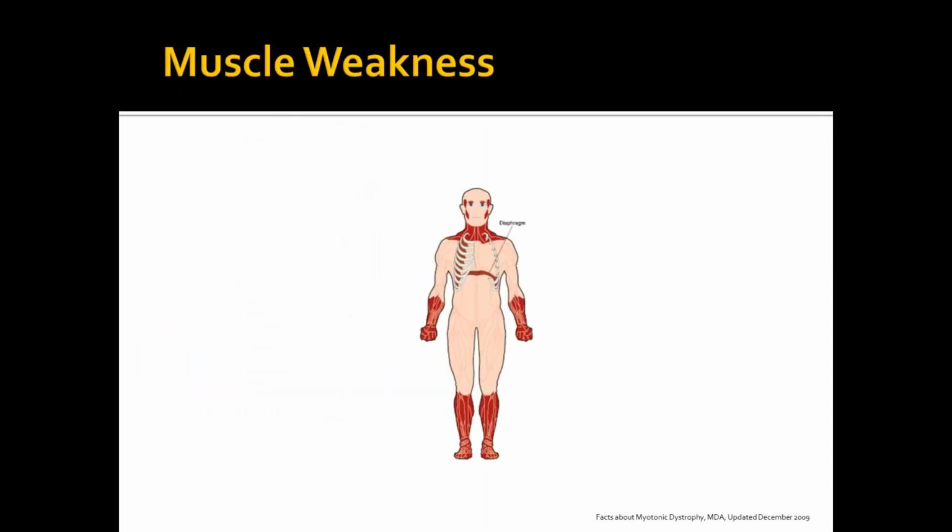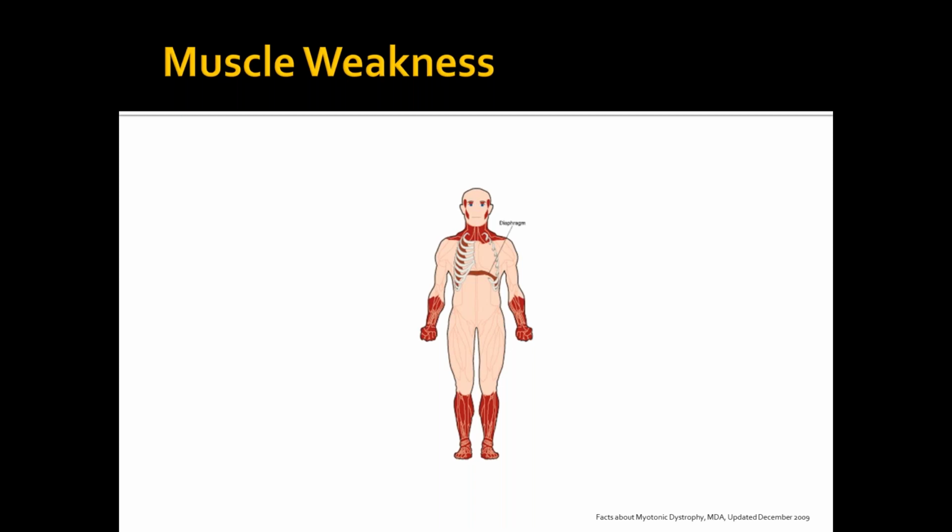A little bit about the muscle weakness. The areas shown in red here are the muscles that are most often associated with muscle weakness for myotonic dystrophy. So the lower legs, we call that the distal legs. We'll often notice symptoms there first, and that will include things like foot drop.